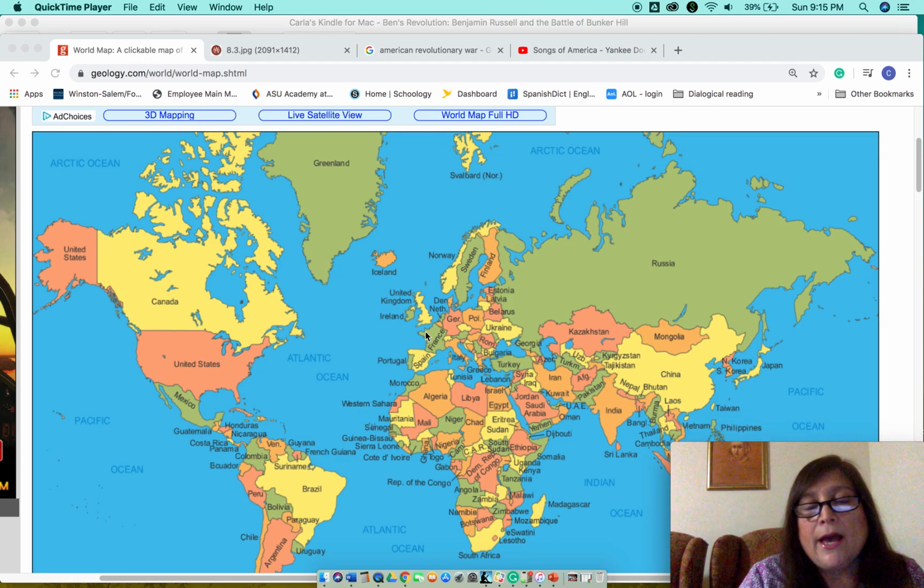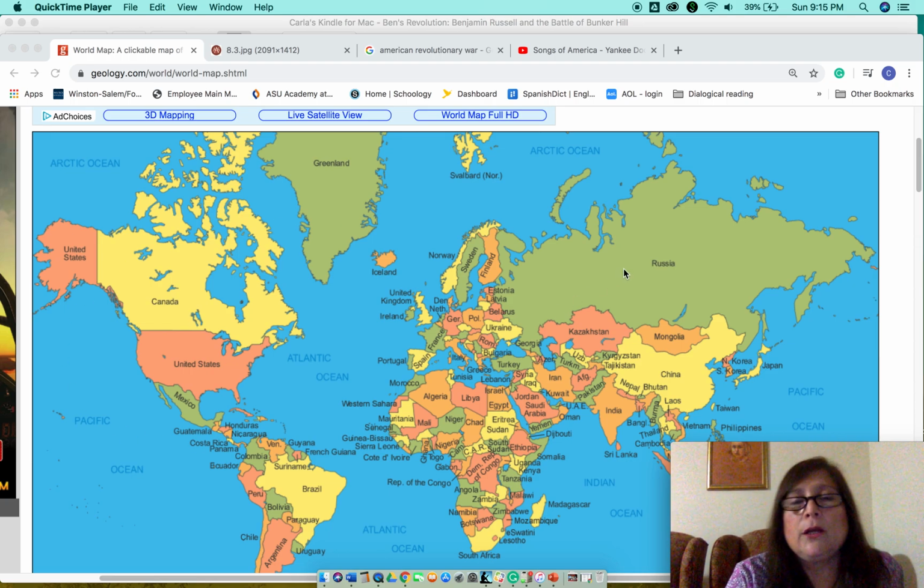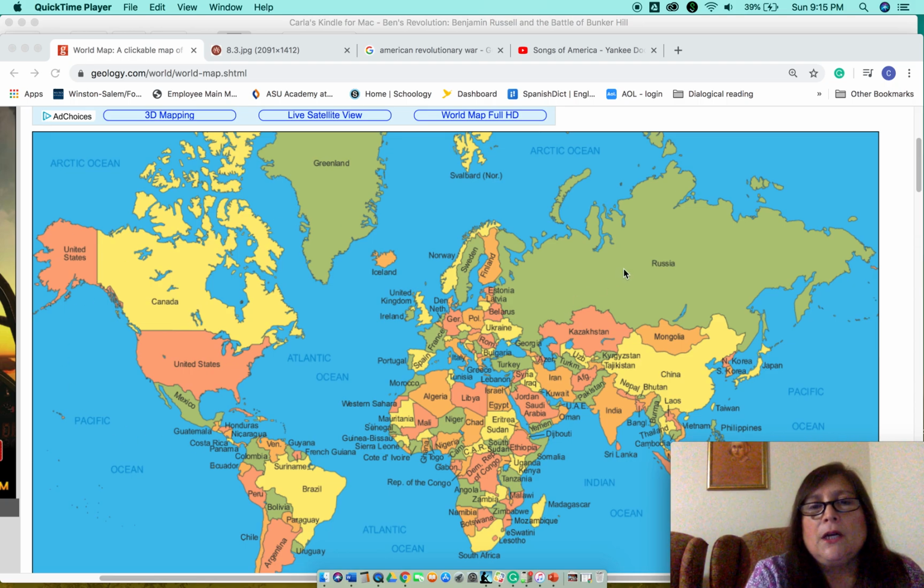And here we have the map of the world. And a couple of months ago, we did the 13 colonies and we learned about them. So we're gonna go over that. So here we have the United Kingdom, which is England, and remember that the British came here to the United States, but back then it wasn't the United States, it was the American continent.